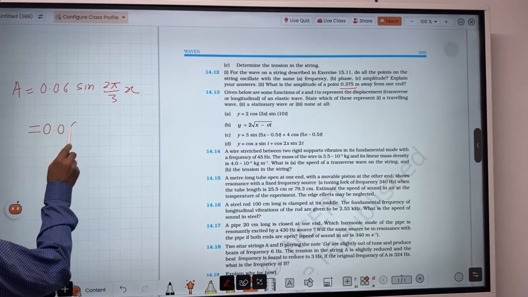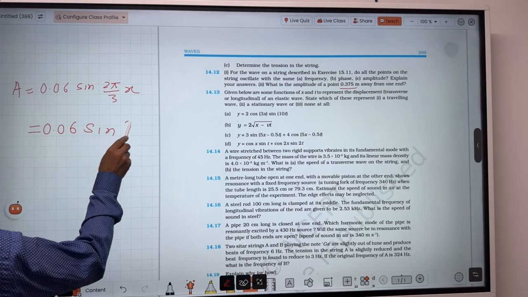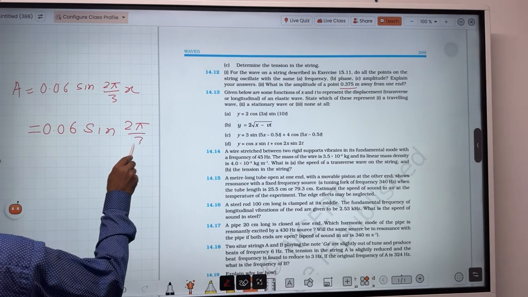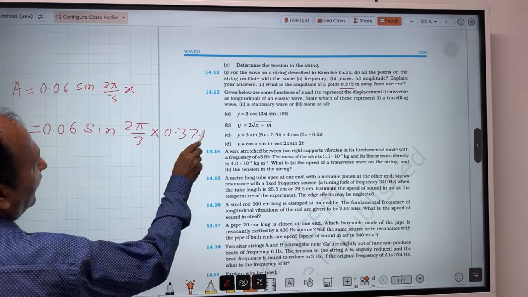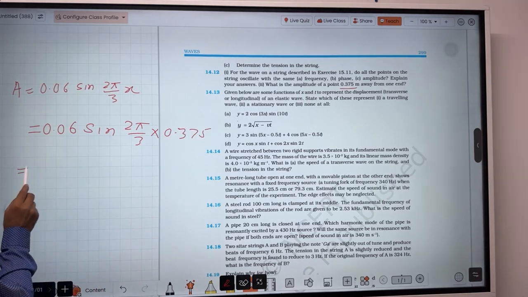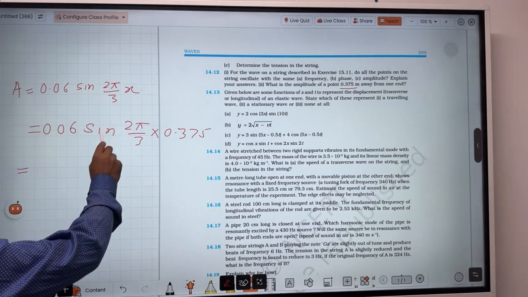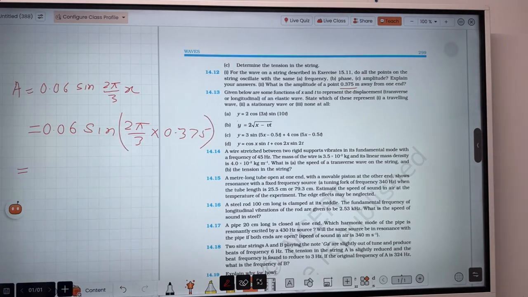So 0.06 sine 2 pi by 3 into 0.375. Now we evaluate it. Here we can simplify, and after simplification we can use a calculator to get the answer, because this will not give a direct degree value.